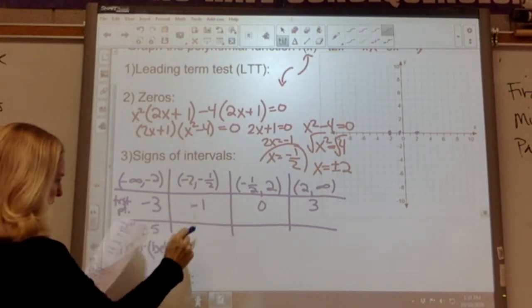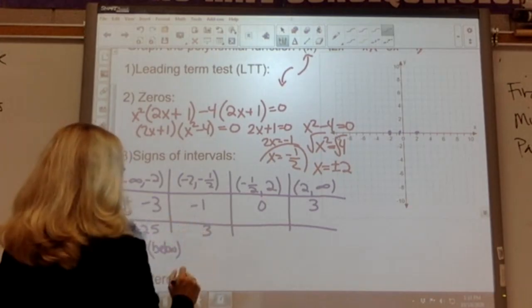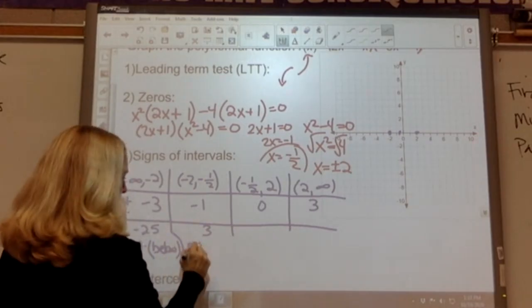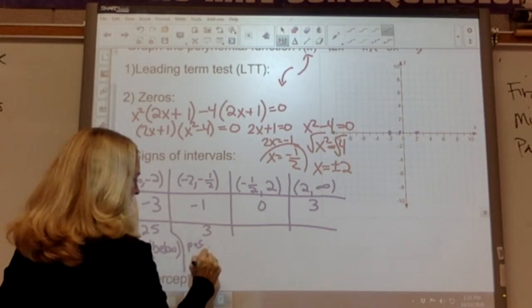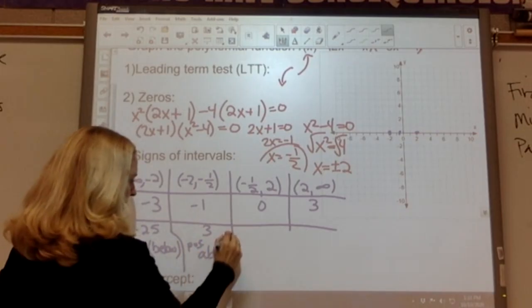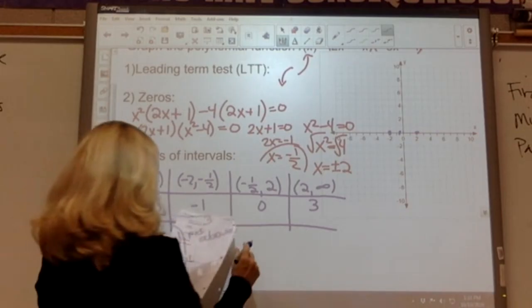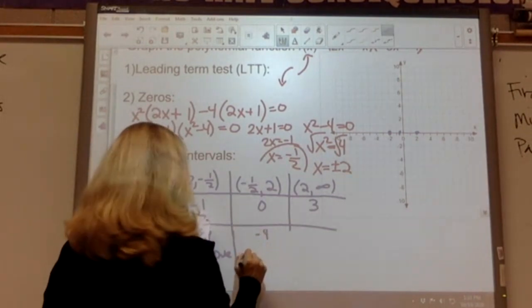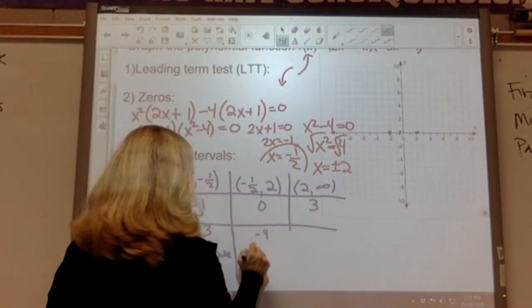When I plugged in -1, I get a 3, and so that's a positive, which means above the x-axis. When I plug in 0, I get -4. And so this is negative, which is below.